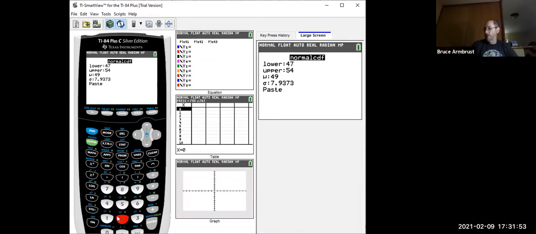Our lower bound is going to be 371, because we want more than 371 minutes. For the upper bound, since I want it to be pretty much infinite, I'm going to do 1, then the EE button, and then 99. So it's as big as the calculator is going to ever think anyway. So 1E99.